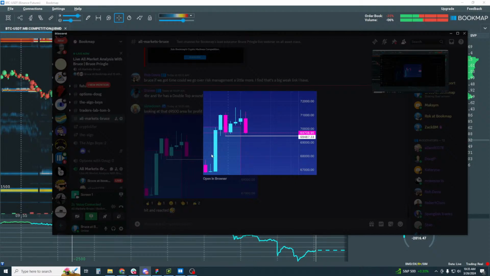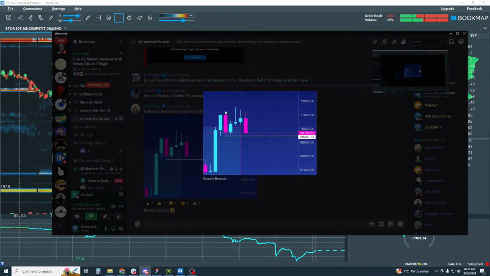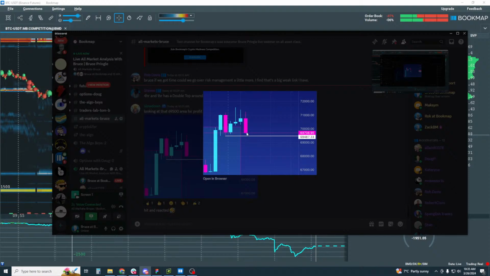Why? Because look at the strong move to the upside. This is the bottom of a range, and maybe these buyers are going to enter more in here. Or we can go through another scenario on this 4-hour chart. Maybe we can look for a continuation into this level. There's going to be some selling, profit taking, maybe some buyers entering.